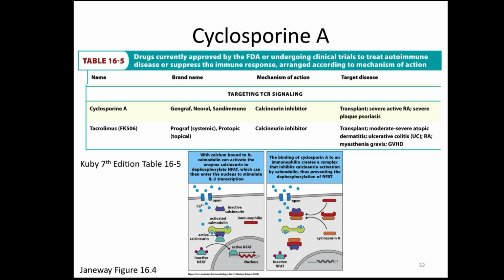Cyclosporin is often thought about in terms of transplantation, but it can be used in some autoimmune and other disease states. We've actually already seen cyclosporin A. Remember, it blocks NFAT activation. So this one blocks only T cells and only NFAT in T cells. It leaves B cells alone. It leaves innate immune cells alone.